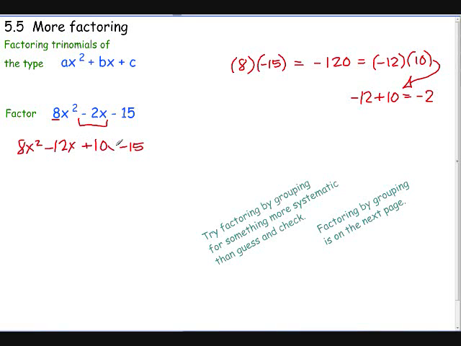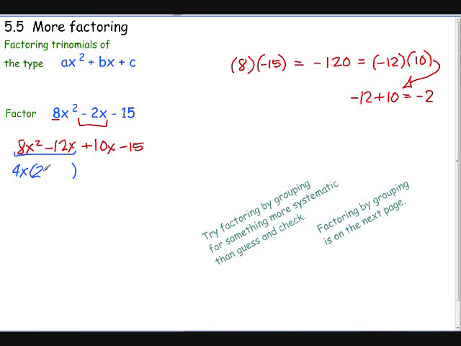Now I have set it up to do factoring by grouping. I can factor out an x, and there's more I can factor out, isn't there? I can factor out a 4. When I factor that out of this, the first 2, what gets left behind?